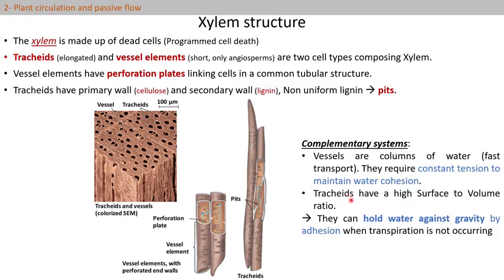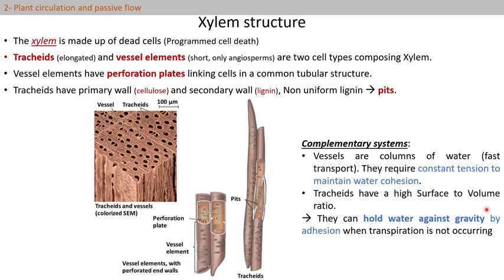Tracheids are a bit different. They have a high surface to volume ratio, always the surface to volume ratio, and thanks to those pits and that non-uniform lignin in the tracheids, there's a lot of surface of contact with water. What does that mean? That means that through capillarity, they can hold water against gravity. There's just so much surface that there's adhesion when transpiration is not occurring.